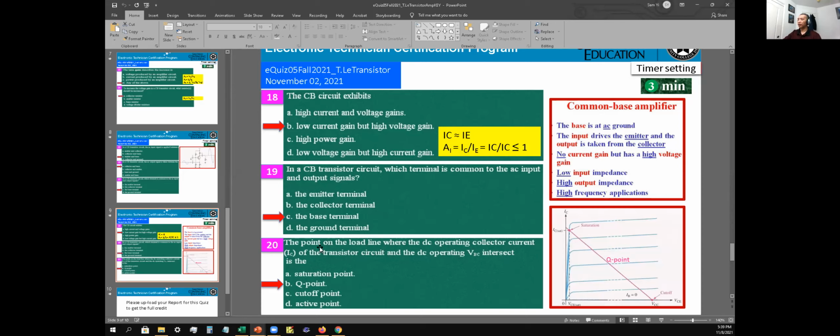Here they're talking about the load line, DC operating, so the Q point is right here, right in the center. So the answer is B, as in Bob, for number 20. So any question on number 18, 19, or 20?